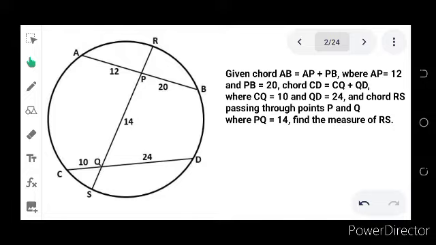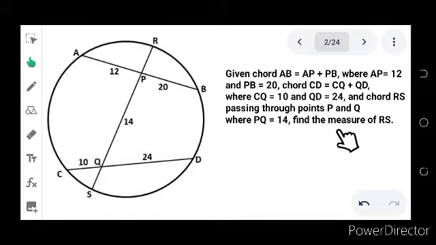So since we're dealing with chords, we're going to recall the different theorems about the chords of a circle. But before anything else, take note that we're solving for the measure of RS. As you can see in the figure, RS is comprised of three segments: PR, PQ, which is given, having a measure of 14, and QS.